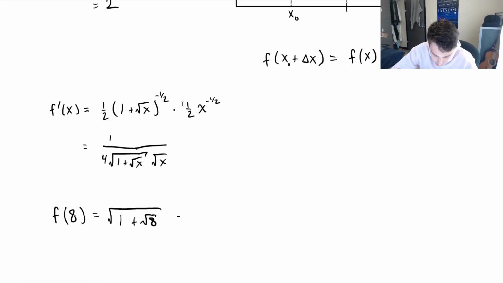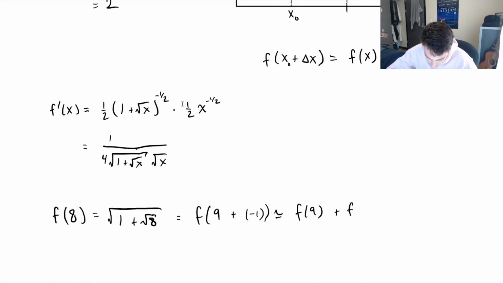This would be equal to f of 9 plus negative 1, and this should be approximately equal to f of 9 plus f prime of 9 times that delta x. In that case, that delta x is negative 1.